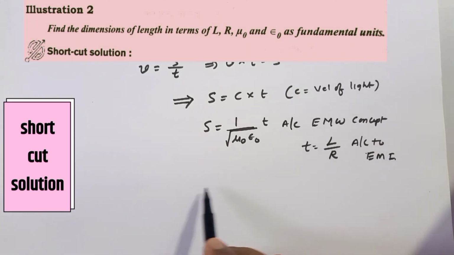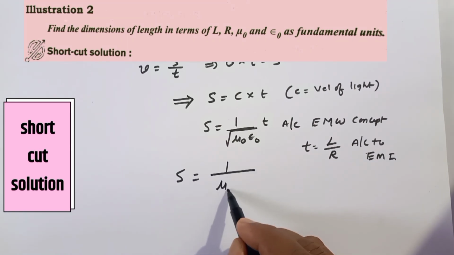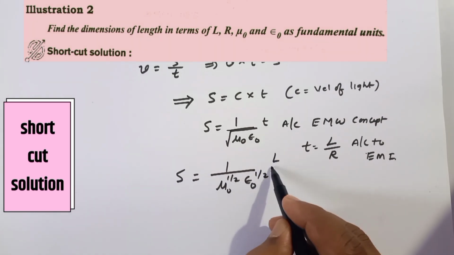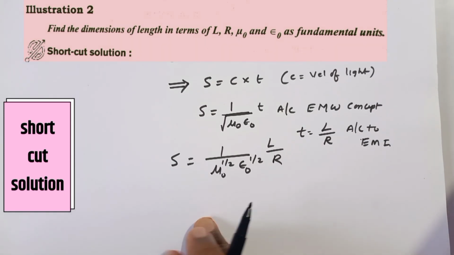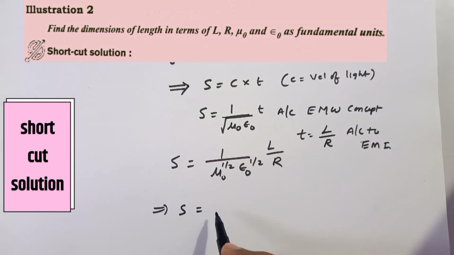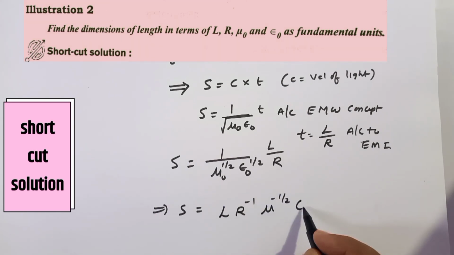So we write displacement S as mu naught power of minus 1 by 2, epsilon naught power of minus 1 by 2 into L by R, because T is nothing but L by R. So now you will write L as it is, and R power minus 1, mu power minus 1 by 2 and epsilon power of minus 1 by 2.